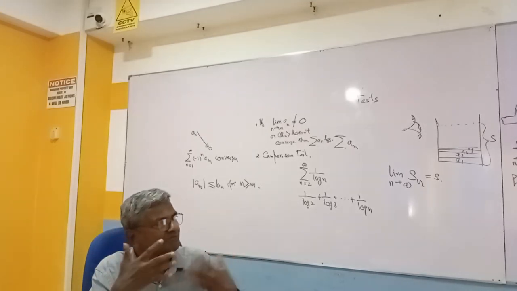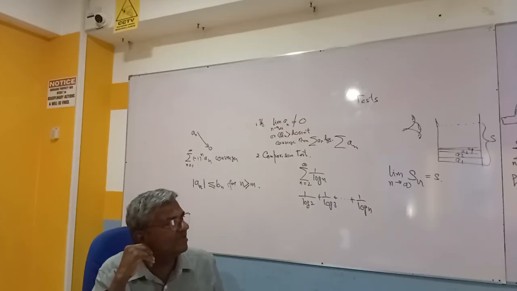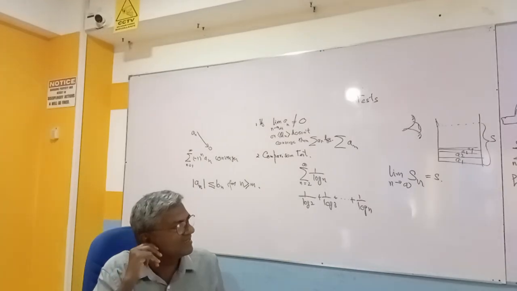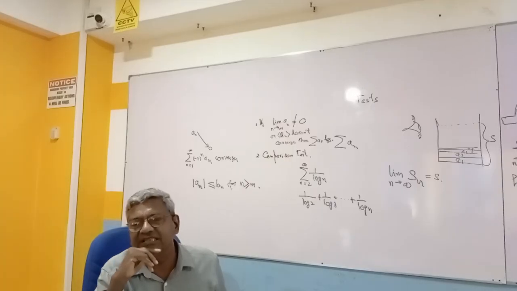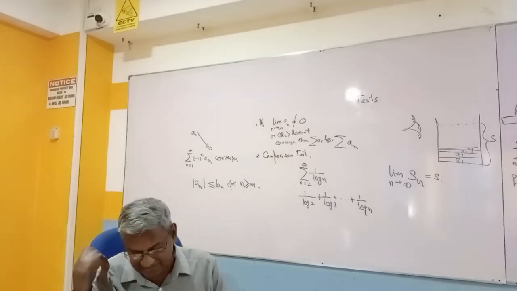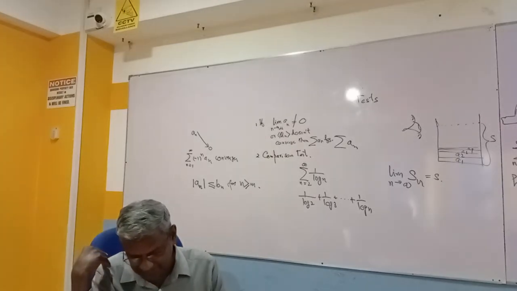So only a very small number of terms in the series will decide the convergence or divergence of the series. In that sense, it is very important.